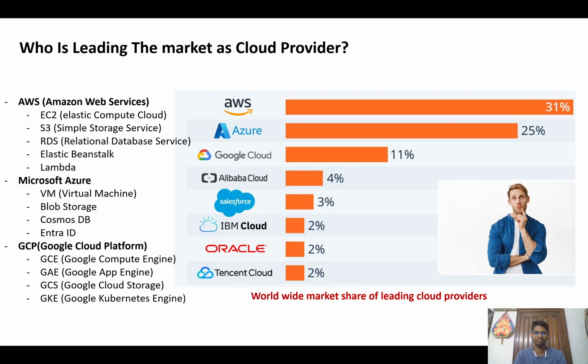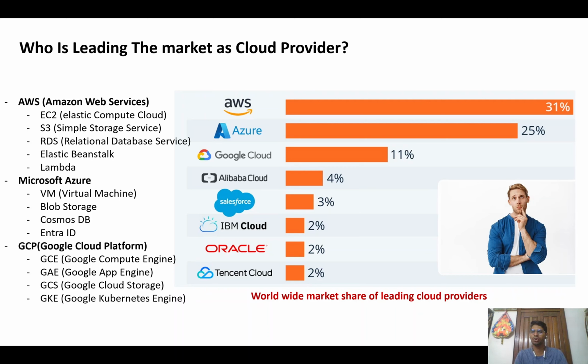Now all these cloud companies provide more or less similar services. The main service of a cloud provider is a virtual server. I have also described that a server is like a computer, so it is a virtual computer.